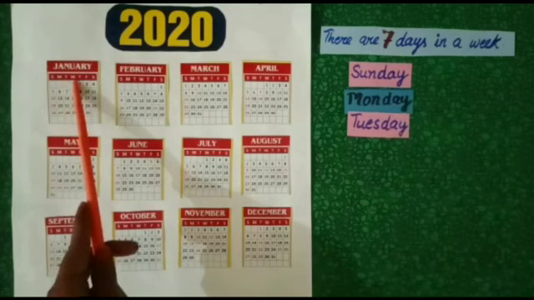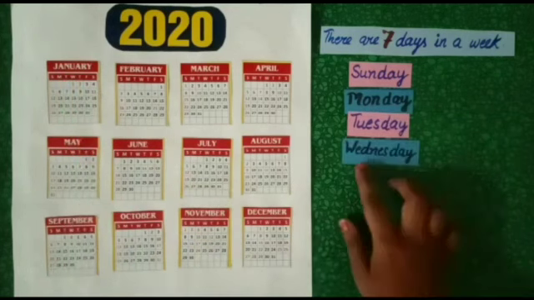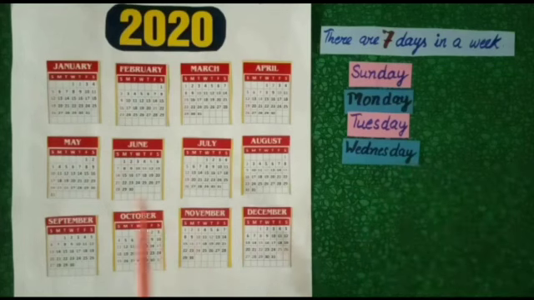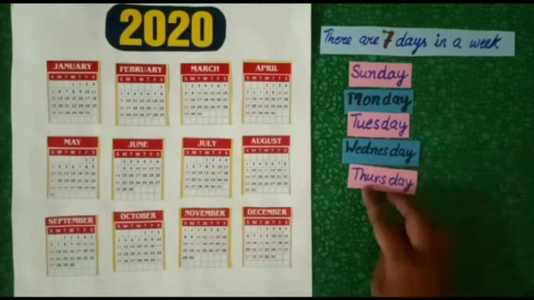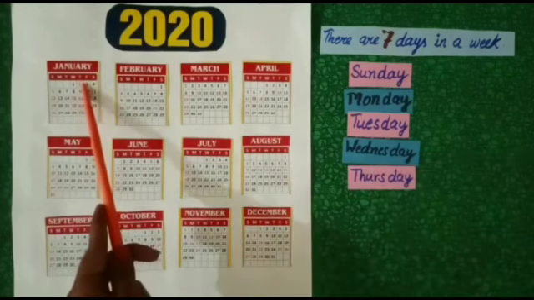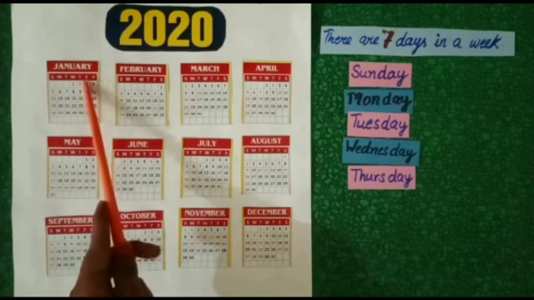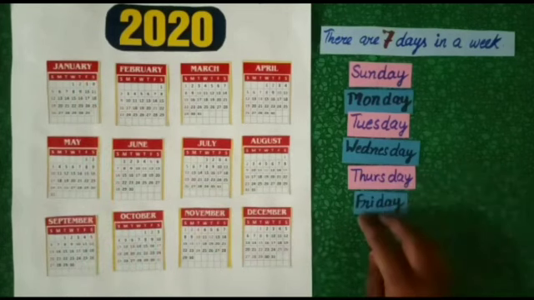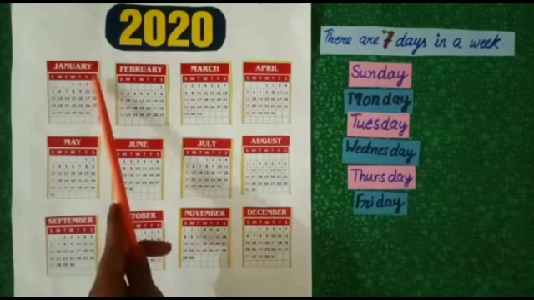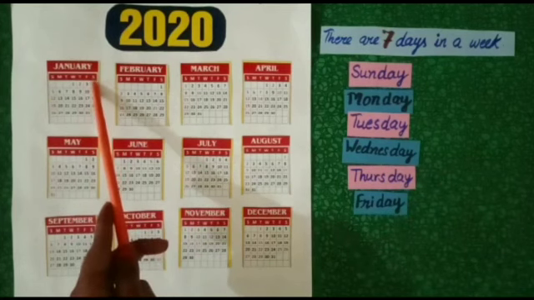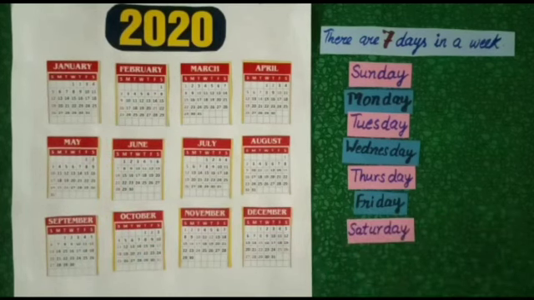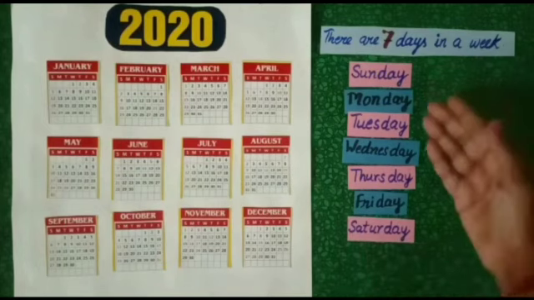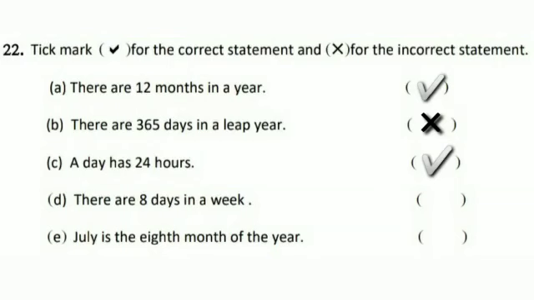Fourth day of the week is Wednesday. Fifth day of the week is Thursday. Sixth day of the week is Friday. Seventh day of the week is Saturday. So there are 7 days in a week. So it is incorrect and we will put a cross in front of it.